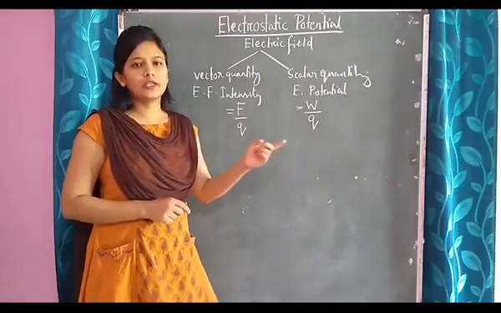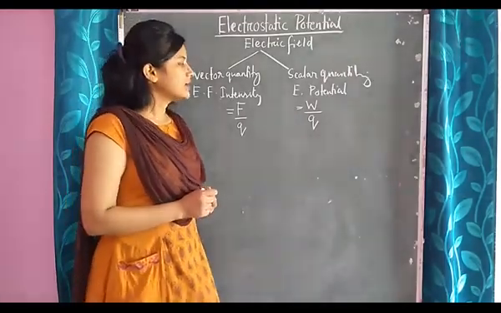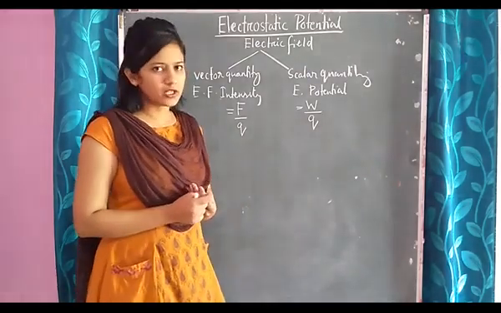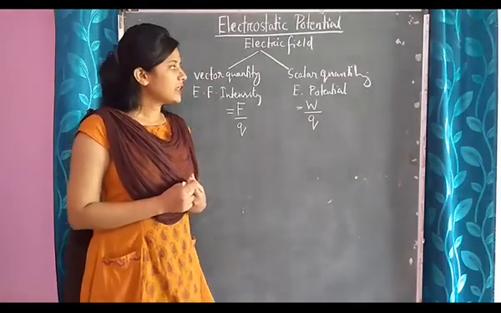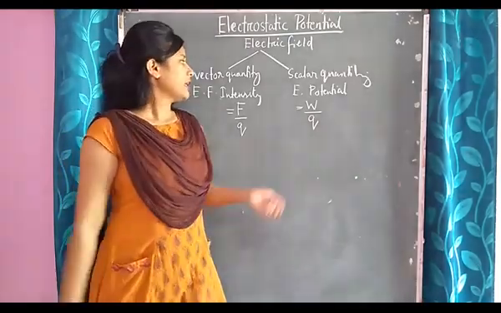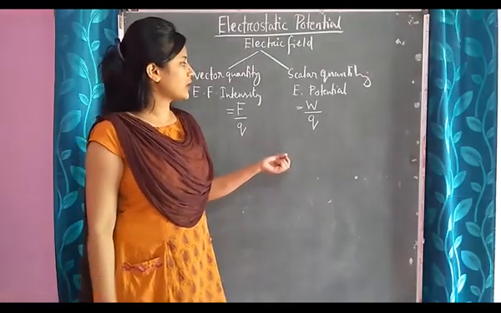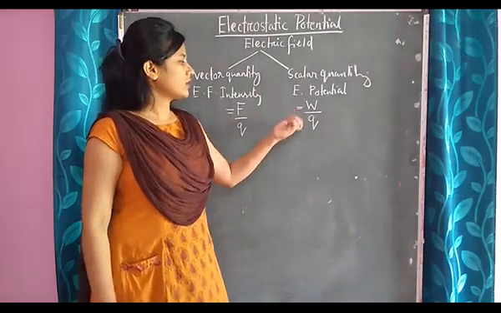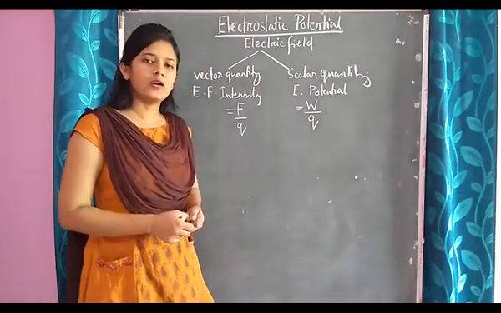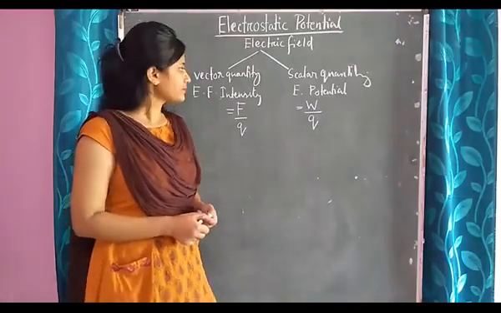In order to understand electric potential, we will first understand what electrostatic potential energy is, and what the potential energy difference is. Then we will proceed to the electric potential and derive its value, and we will see that it is equal to the work done in bringing a unit charge from infinity to that point.